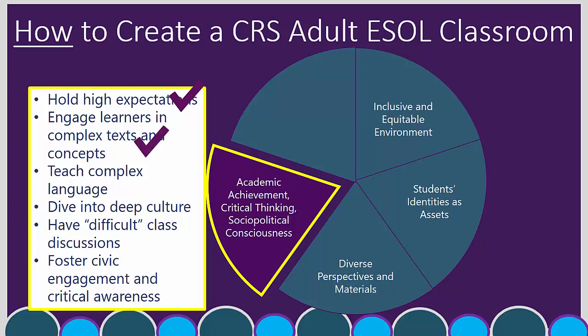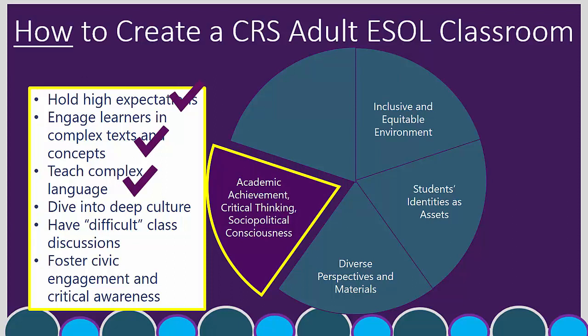CRS teachers engage learners in complex ideas, complex texts, and complex language, calling on them to analyze, synthesize, and evaluate information, and formulate, organize, and articulate their own ideas. And just as importantly, they provide the support learners need to accomplish these complex tasks.